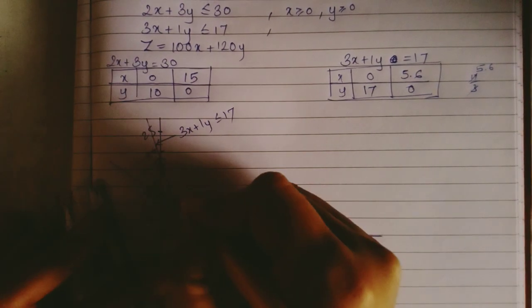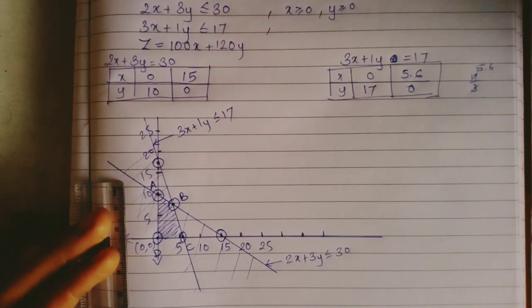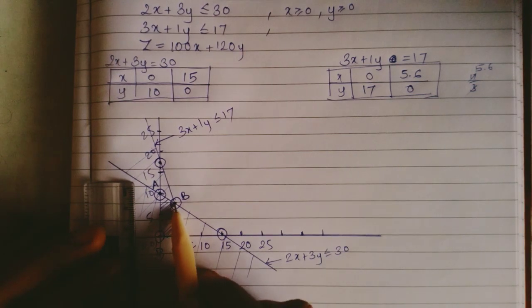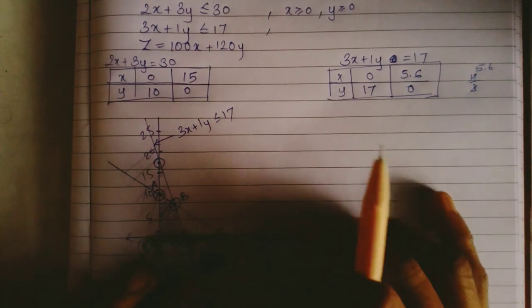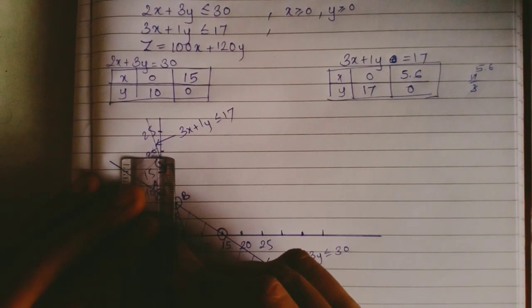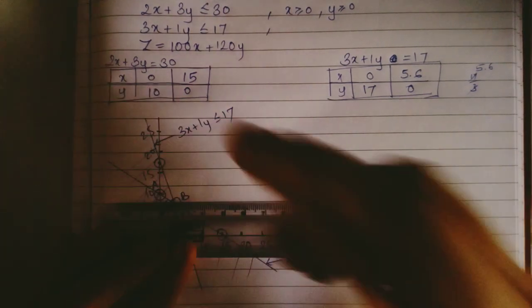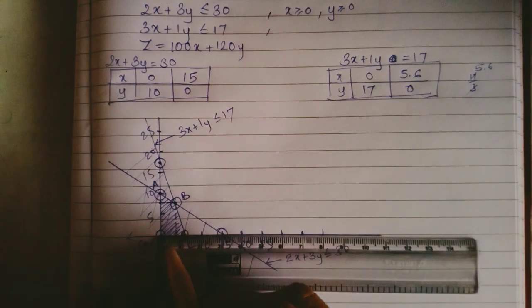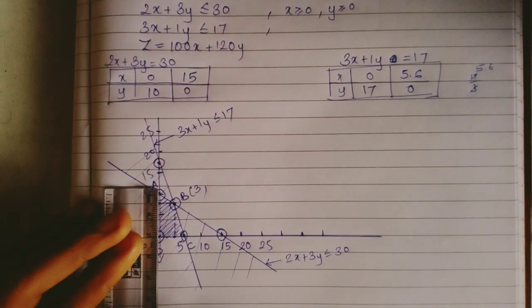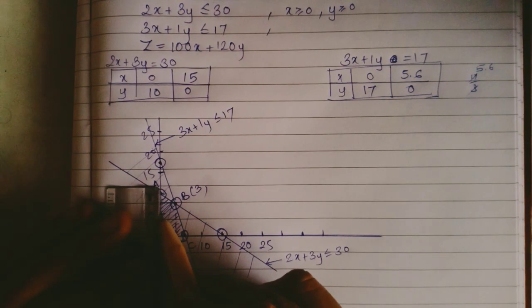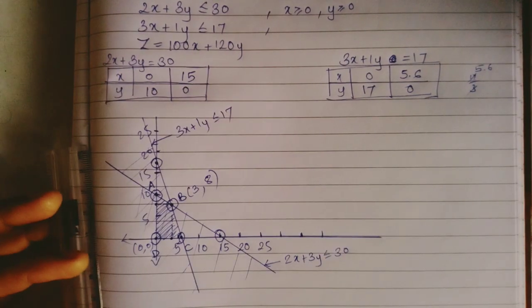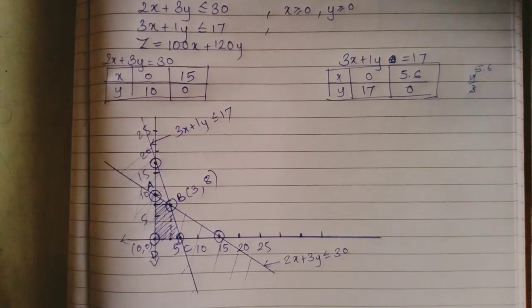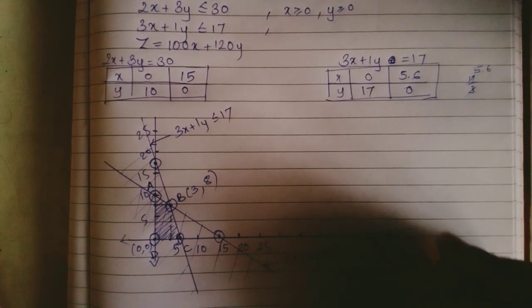So I'll take this as A, B, C and D. Now you have to write down all the points. This is your x-axis. This is your y-axis.